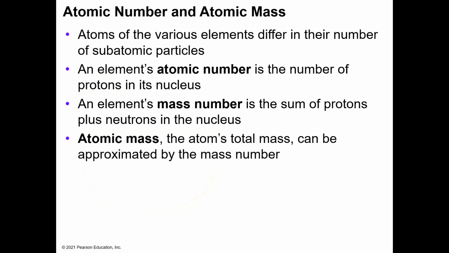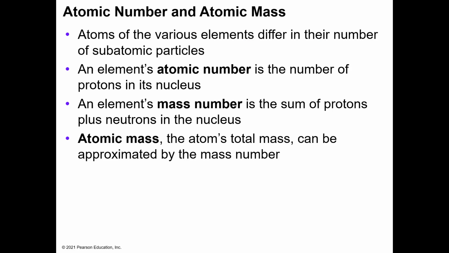So let's go over the mass of an atom again. Atoms of different elements have different numbers of subatomic particles. This is what makes them unique. An element's atomic number is the number of protons in its nucleus. Carbon has 6 protons, so its atomic number is 6.